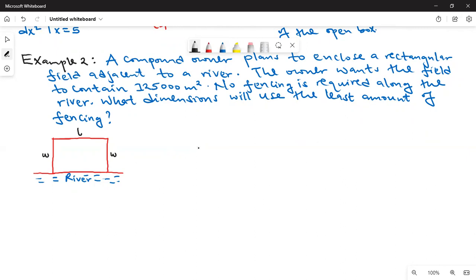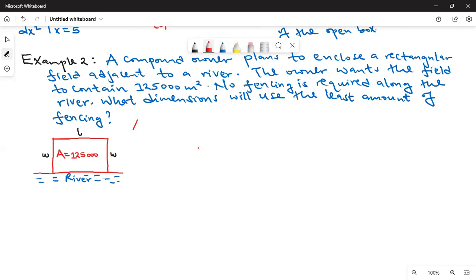What else are we told? That the area must be equal to 125,000 meters square. So we need the dimensions. What is the value of length and the value of width that will use the least amount of fencing? So how do we find the area of a rectangle?